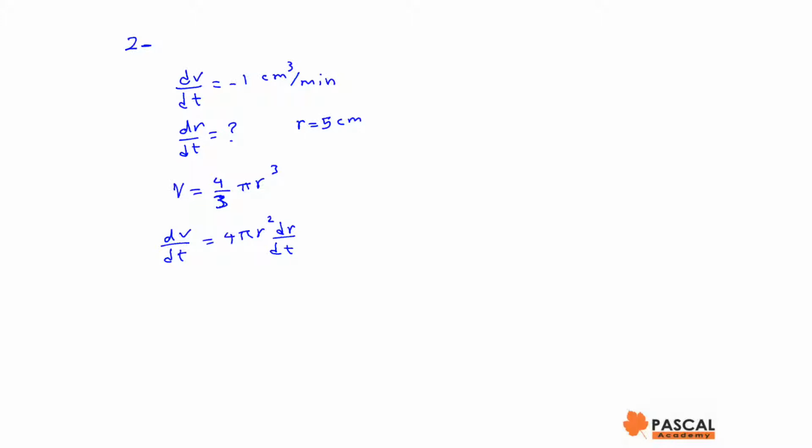We know dV/dt is negative 1 and the radius is 5, and we are looking for dr/dt. dr/dt is negative 1 over 100π. This means the radius of the snowball is decreasing at a rate of 1 over 100π centimeter per minute.